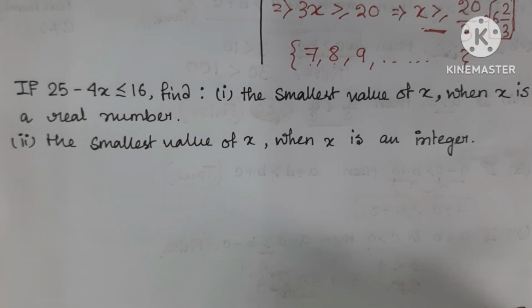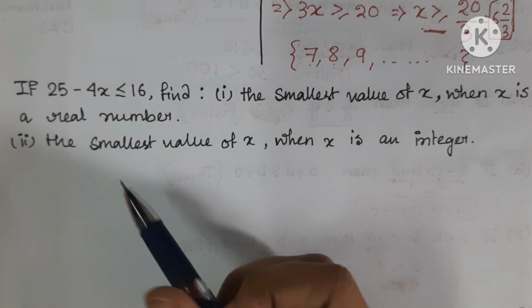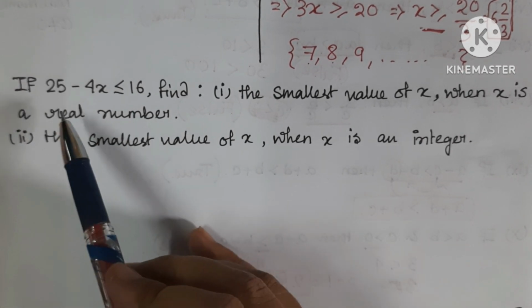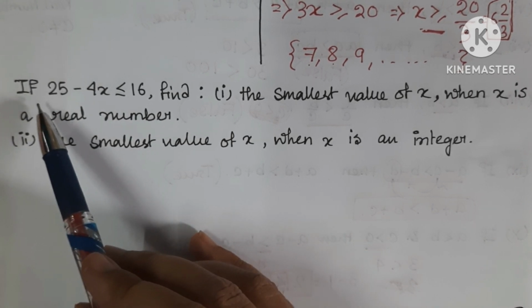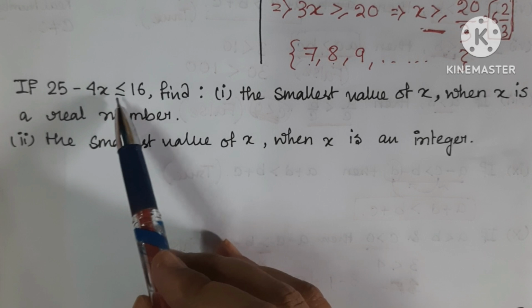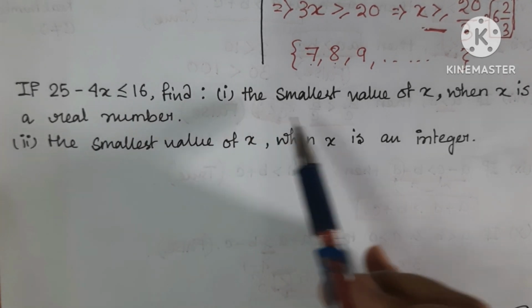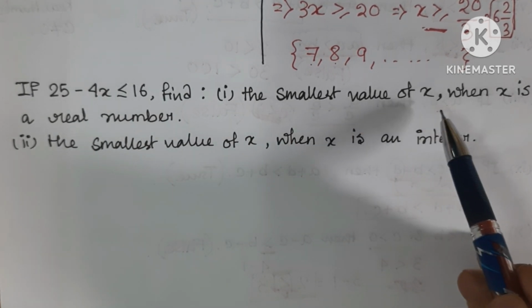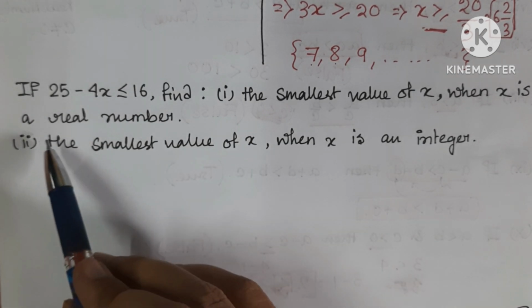There are also two questions. See this question, it's an interesting question. If 25 minus 4x is less than or equal to 16, find the smallest value of x when x is a real number.